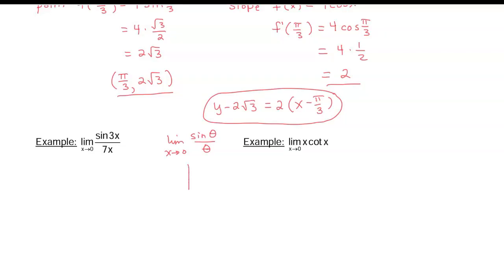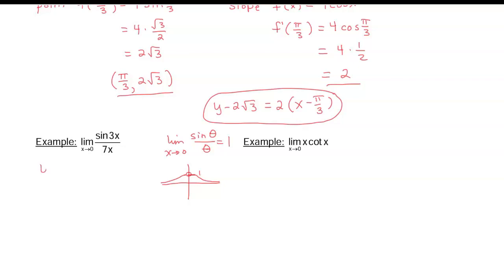If you recall, the graph of this has a hole in it at x equals 0. So the input 0 will not produce an answer. It's not in the domain. But the graph looks like this. And the height of that hole is 1. So the limit of sine theta over theta as theta approaches 0 is 1.